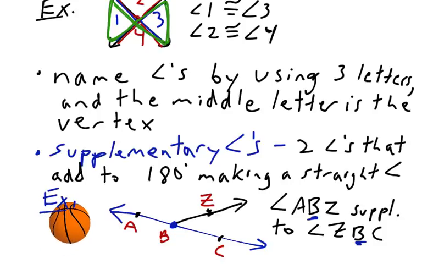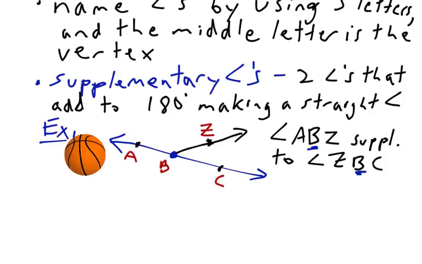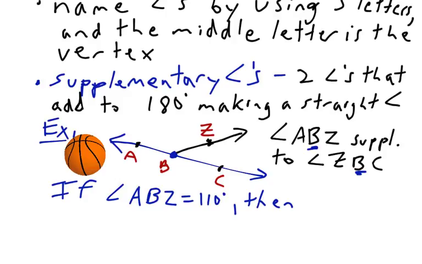So for instance, if ABZ equals 110 degrees, then what do you think angle ZBC would have to equal? Well, we know they both had to add up to 180, and I already have 110 degrees right here, right?